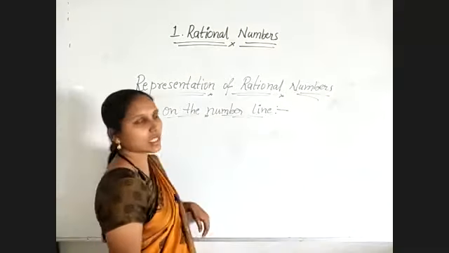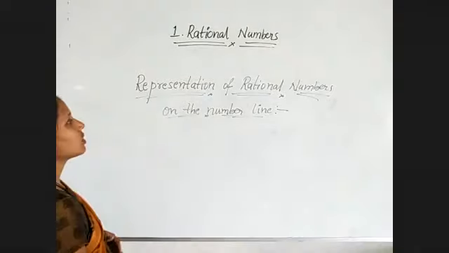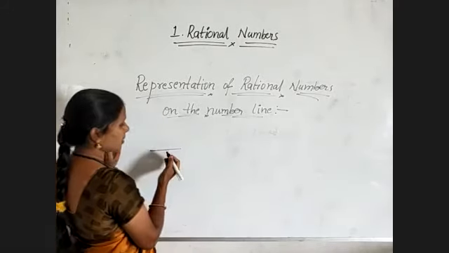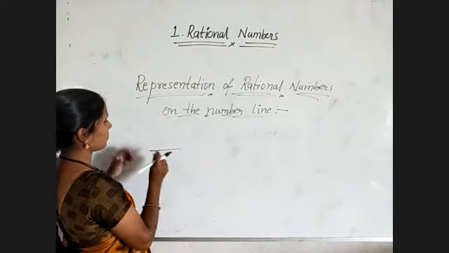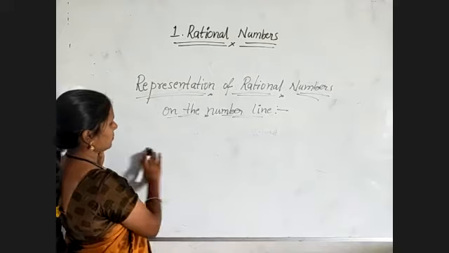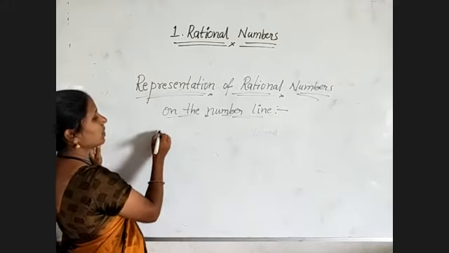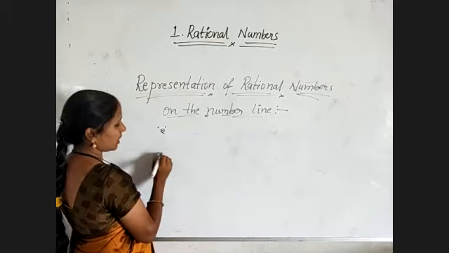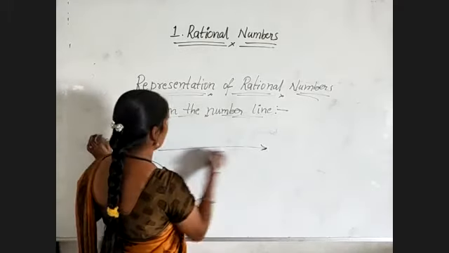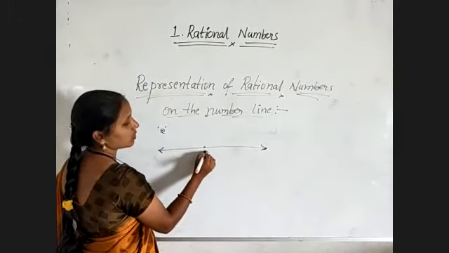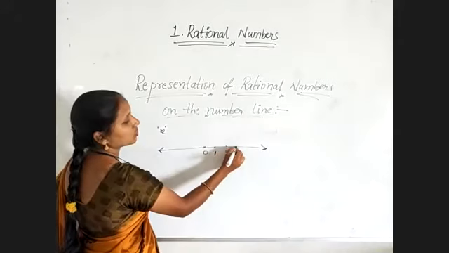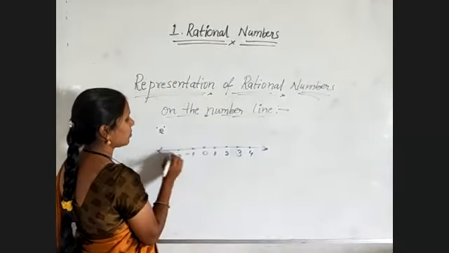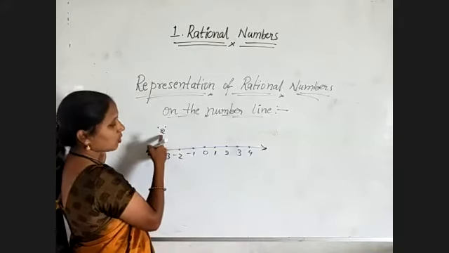Just observe. Suppose I want to represent 2 on the number line. It is also a rational number. 0, 1, 2, 3, 4, minus 1, minus 2, minus 3, like this. Now I am representing 2.